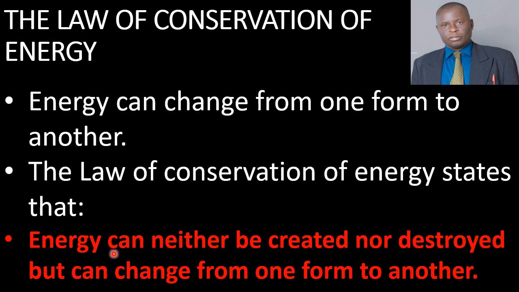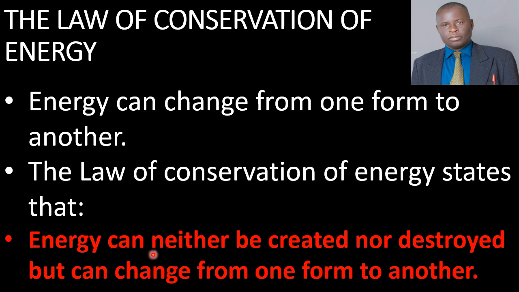Right? Or if you don't want to use the words neither nor, you can say energy cannot be created or destroyed, but can change from one form to another. That's a different version where you are trying to avoid using the words neither and nor.